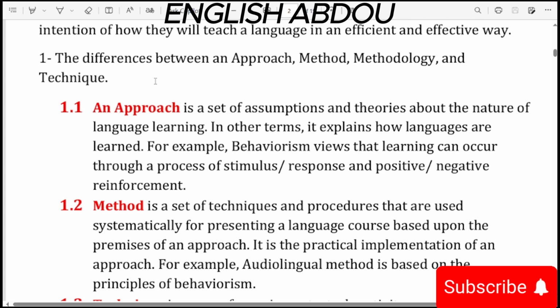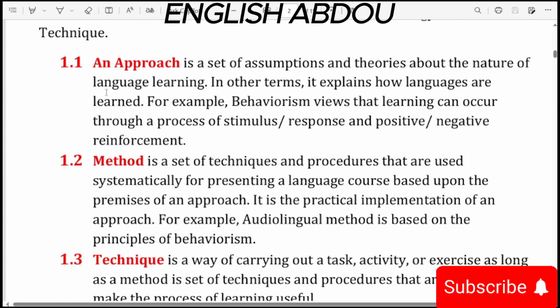So we have to know the differences between approach, methodology, and technique. All of them are related to each other. Okay, and there is a note you have to take: applied linguistics in IS5 is about minds, and applied linguistics in IS6 is about the classroom.